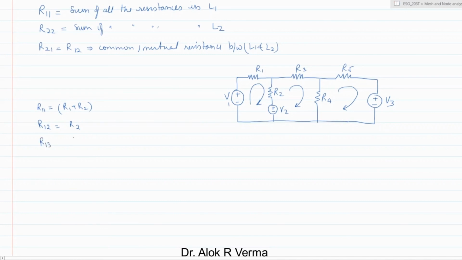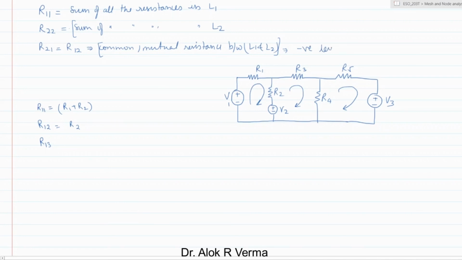Here I forgot, this magnitude will be taken as negative. The mutual terms will be taken as negative, with opposite polarity.